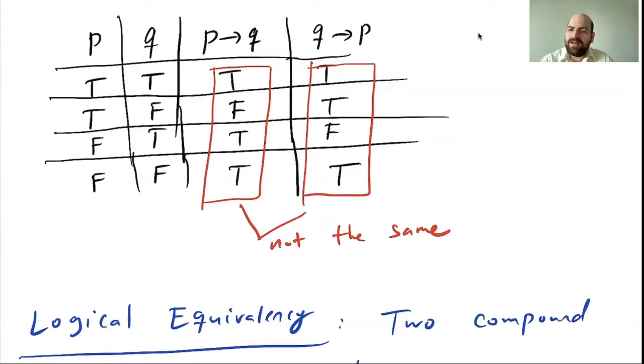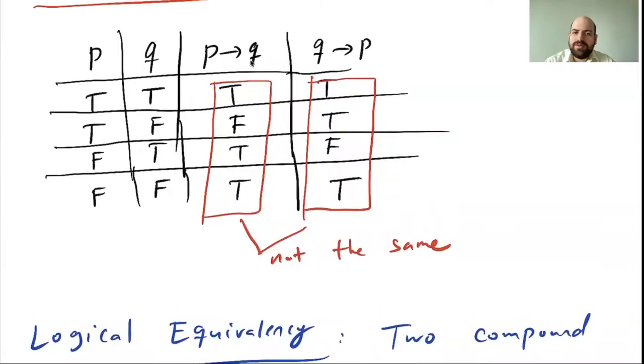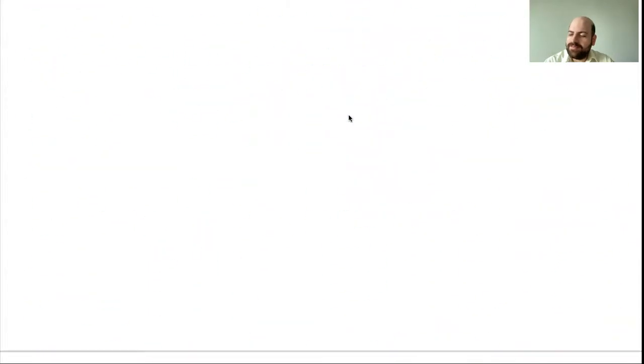If they are not the same, even at one row, then they are not equivalent. So in this case, the first and fourth rows are the same, but the second and third rows are not the same, for the compound propositions P implies Q and Q implies P. Therefore, these two are not logically equivalent.